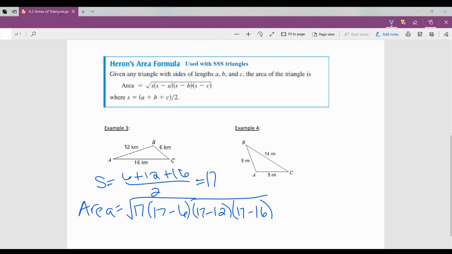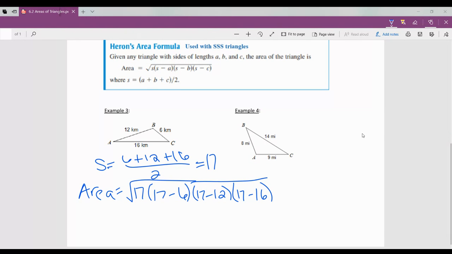So square root of 17 times 17 minus 6 times 17 minus 12 times 17 minus 16. Once again, rounded to the nearest tenth, the area is equal to 30.6. It's units squared, so kilometers squared. Metric system going on there.